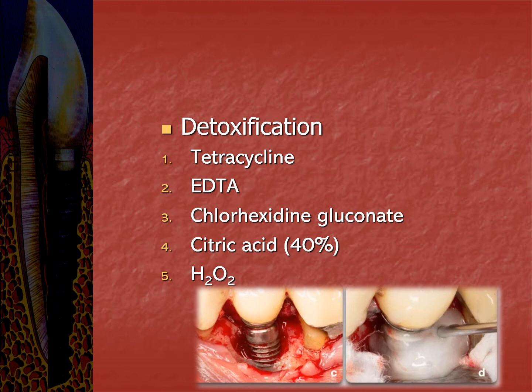Citric acid again reduces the microbial count. So these chemicals are used to detoxify or decontaminate the implant surface. In the figure is the mechanical debridement, which is followed by the surface treatment with 24% ethylenediaminetetraacetic acid gel to provide the chemical surface decontamination.